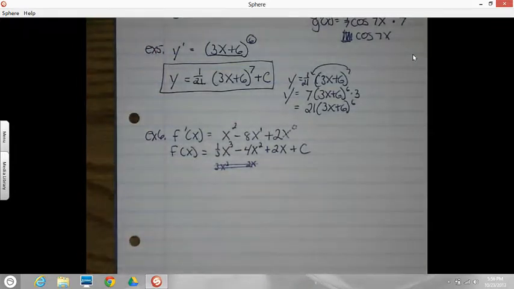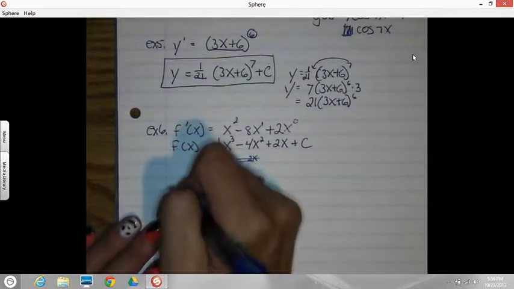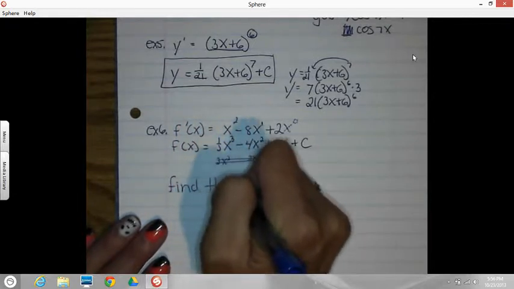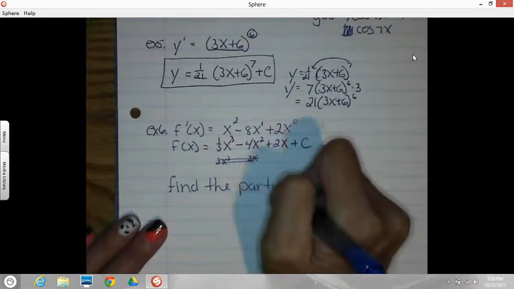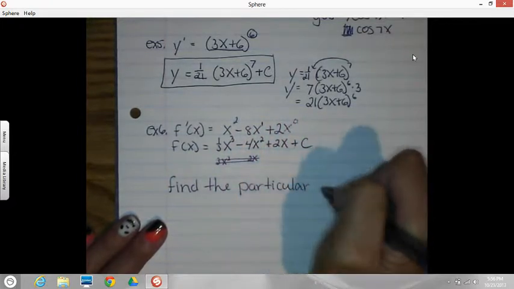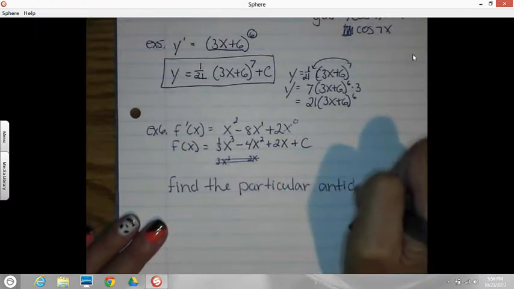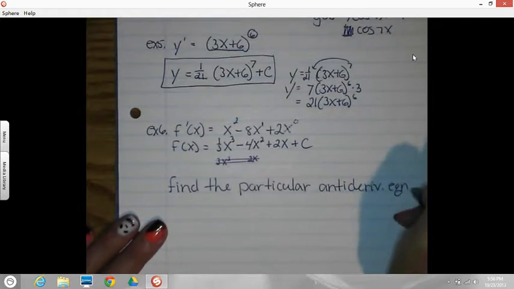Alright, now we're going to switch gears a little bit. We want to find the particular antiderivative equation, which means they have to give you more information.